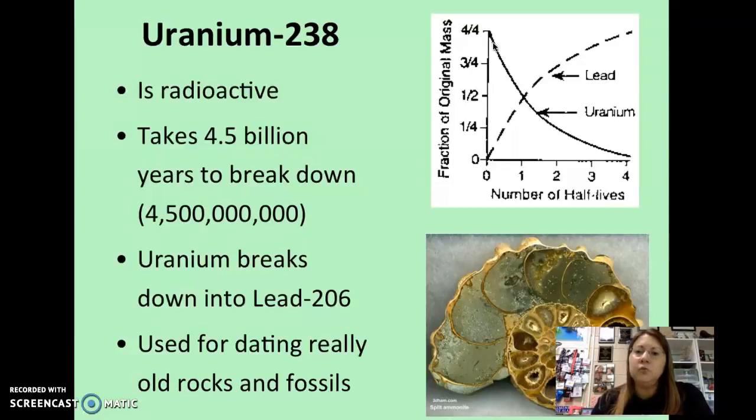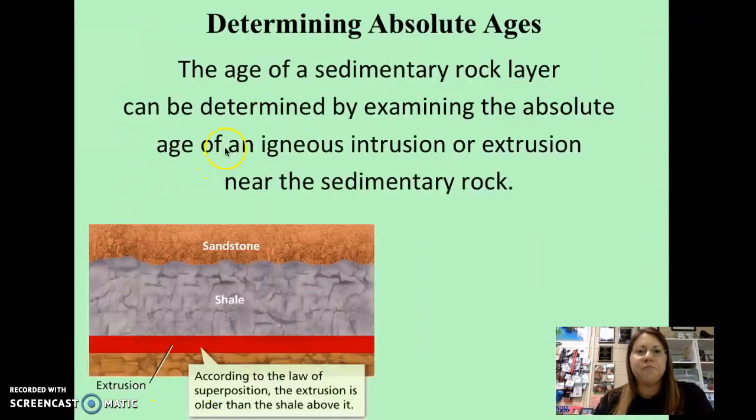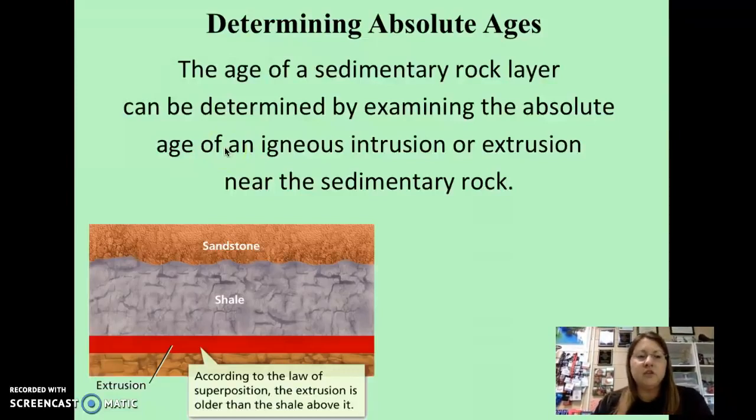The amount of uranium is declining with each half-life, but the amount of lead will be increasing because that uranium is breaking down, releasing energy, and transitioning into lead, the element lead. So determining the absolute age of rocks and comparing that to sedimentary rock layers is one way that scientists can determine the age of sedimentary rocks and the age of fossils that might be contained in them.